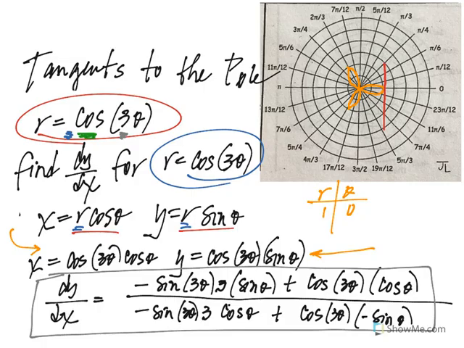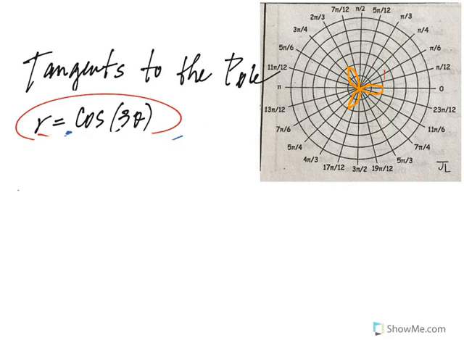All right, so rectangular slope is exactly what you've been dealing with since, what, 5th, 6th grade? F prime of theta is something that is different, and that is this. When you look at r equals cosine of 3 theta, really what you're dealing with is f of theta equals cosine 3 theta.